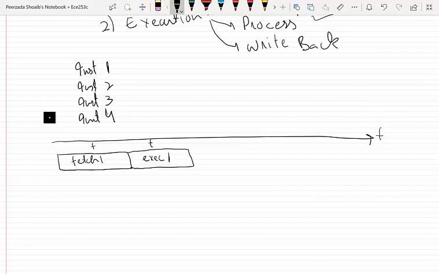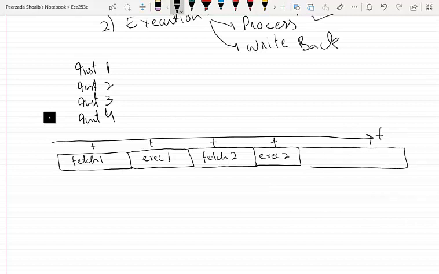Maybe again it will take t seconds or t microseconds. Doesn't matter, t can be very small. And after that, the next instruction will be executed. Fetch 2, it will also take t seconds maybe, and then we have execute 2, it may also take t microseconds.